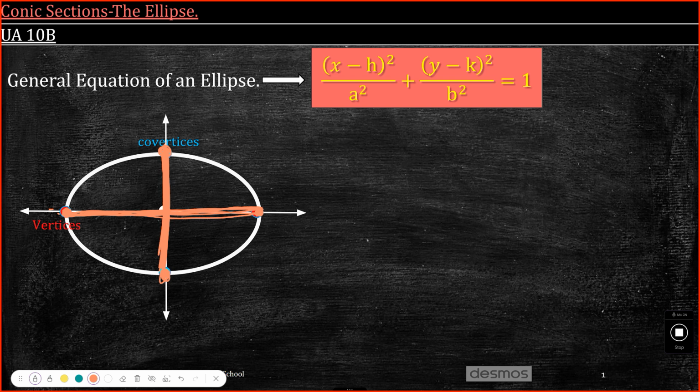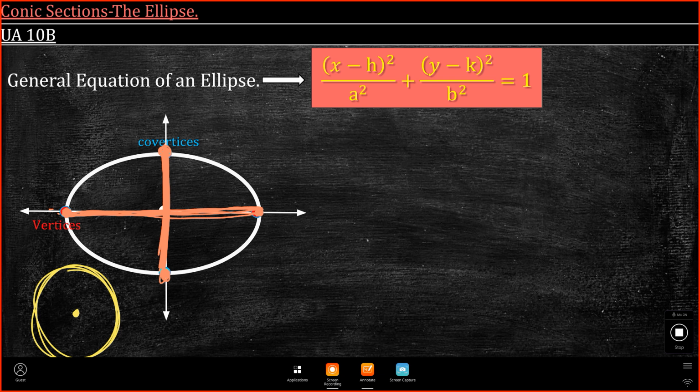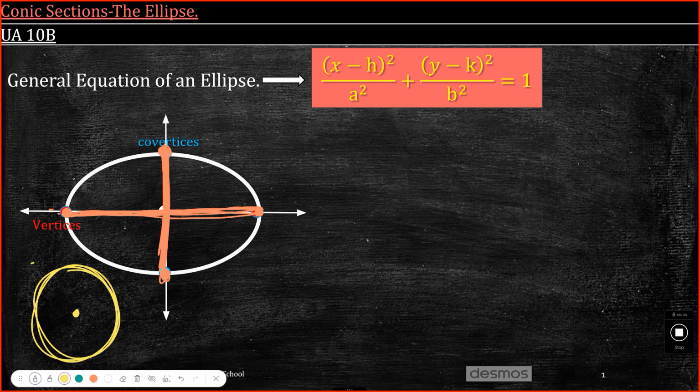The beauty of a circle is that the center and its focus are the same. But when you squish in the circle, the center still stays there, but its focus points move.